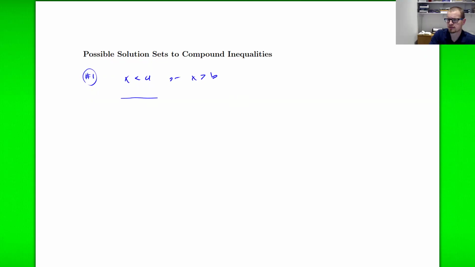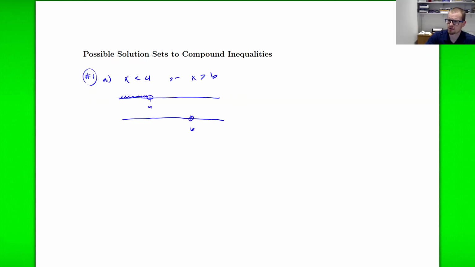And when we have this sort of scenario, we could end up with two different situations. So I guess this is 1a. If a is here and b is here, x being less than a, we would shade all of this.